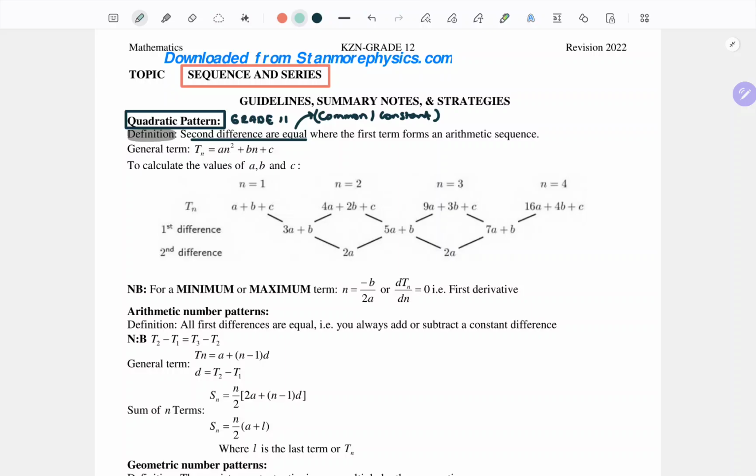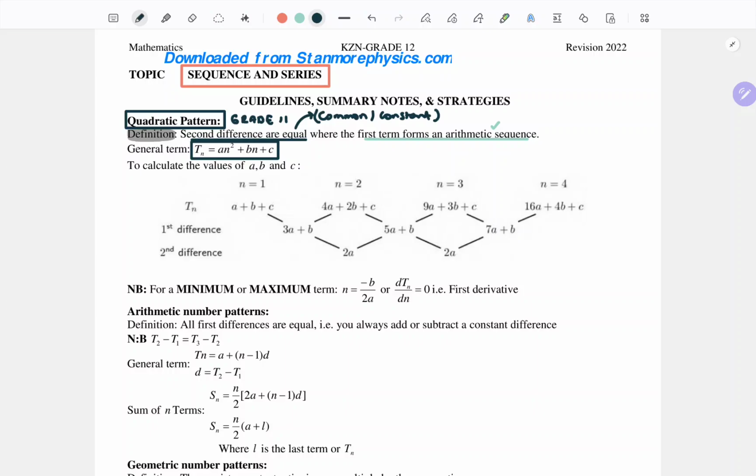Now this suggests that the first differences form an arithmetic sequence, which has already been taught in grade 10. Folks, what is also important is the general term for any term in a quadratic sequence: an squared plus bn plus c.